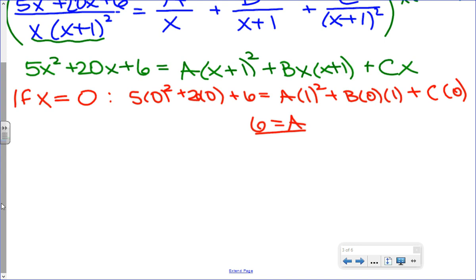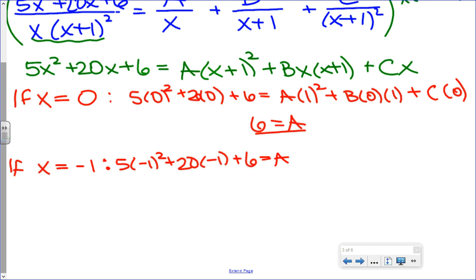All right. Lindsay, what else could we plug in? -1. Okay, let's plug in -1. We have that x plus 1 factor, so -1 is going to help us. All right, so if x is -1, when we have 5 times -1 squared plus 20 times -1 plus 6, what is that going to leave us with?